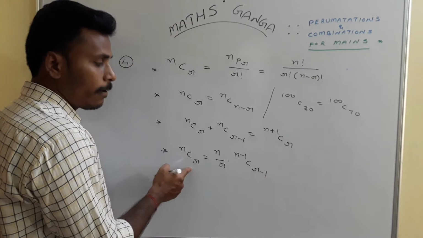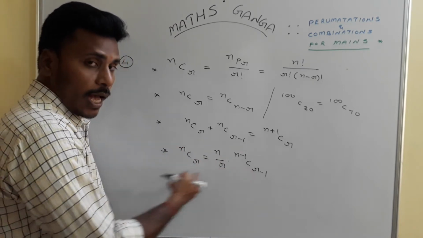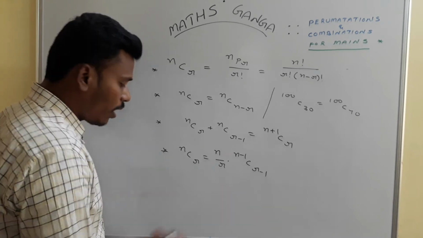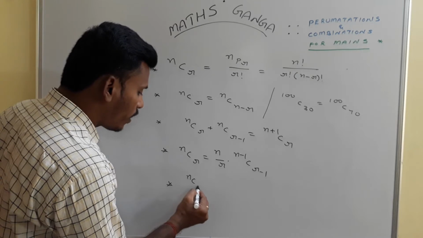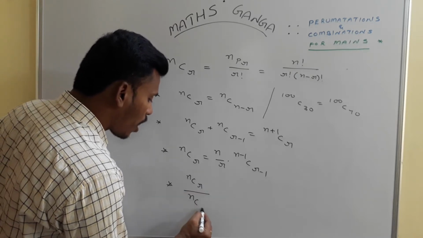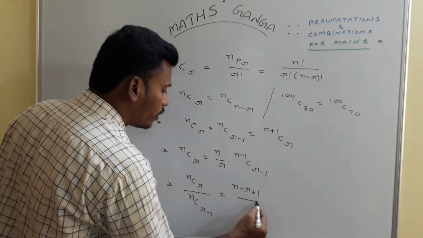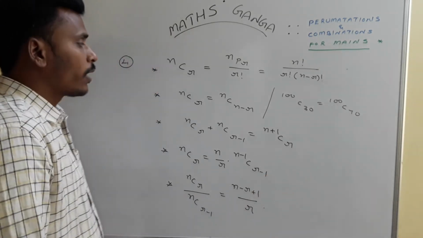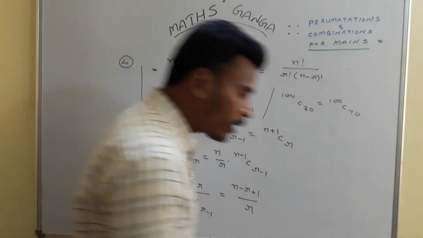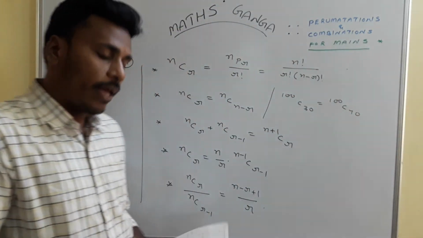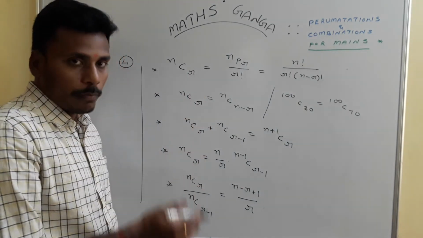Another formula which is very helpful in solving problems. And one more thing is, NCR by NC(R minus 1), the result is (N minus R plus 1) divided by R. These are the 5 very basic fundamental rules based on the formula of NCR, which are very helpful in solving problems.